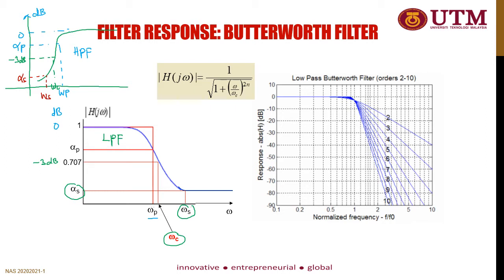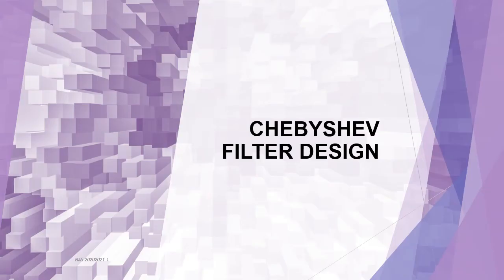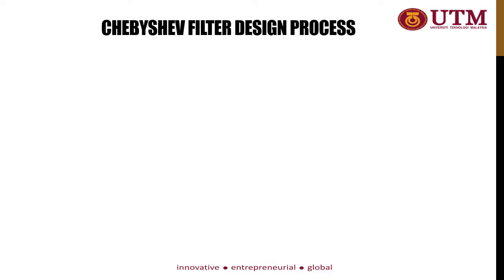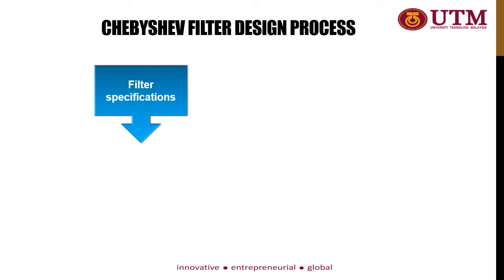Same goes for the Chebyshev just now. If you have a high pass filter, the ripples occur at the passband area on the higher frequency part. Okay, let's look at how to design a Chebyshev filter. These are the processes involved in designing a Chebyshev filter.